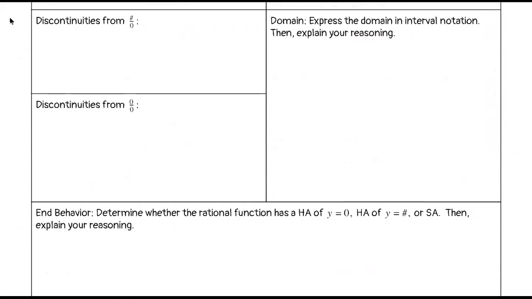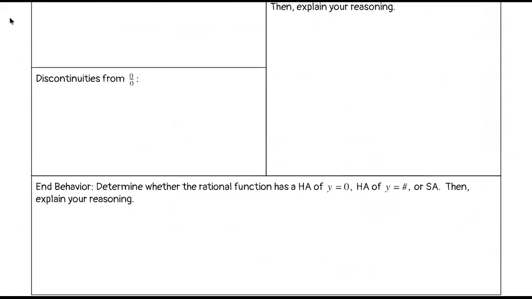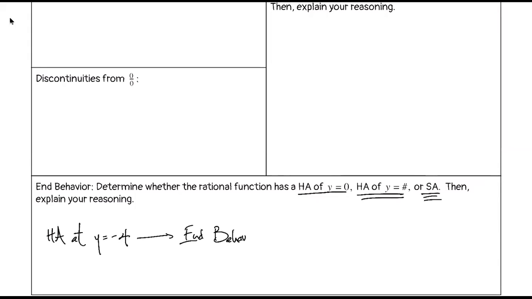Okay. So it says determine whether the rational function has a horizontal asymptote of y equals 0, y equals a number, or a slant asymptote. And in our case, there is a horizontal asymptote at y equals -4. So we can say that the end behavior is y equals -4.